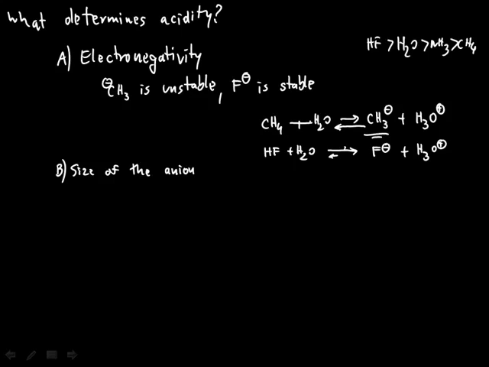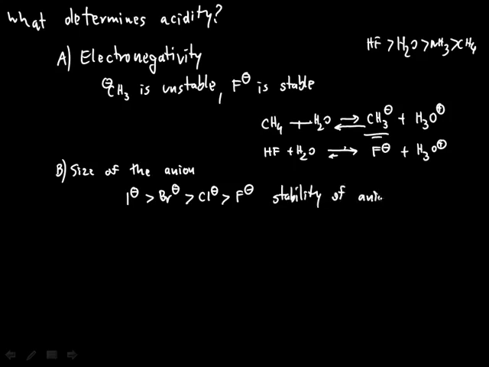And if we can delocalize over several atoms, but also if we have a large atom, then just spreading it around that atom is already pretty favorable. And that's why an anion such as I- is more stable than Br-, which is more stable than Cl-, which is more stable than F-. So this is the order of stability of anions.